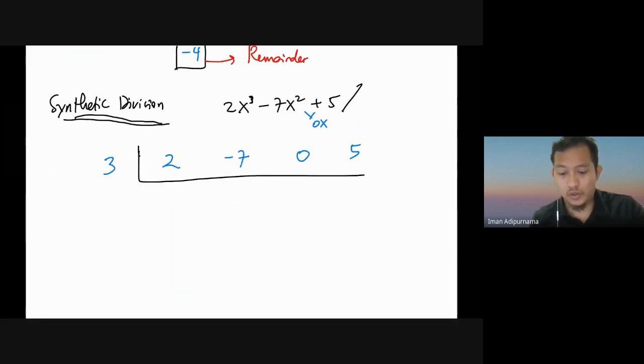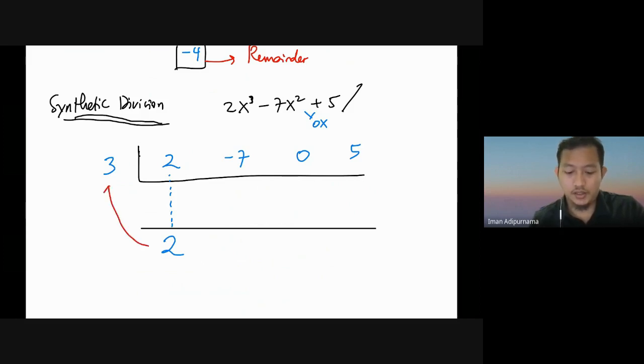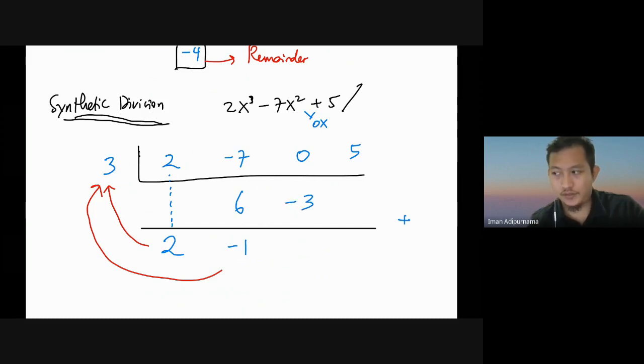And then what you can do is first look at the first coefficient, 2, going down here, make it 2 like that. And then multiply 3 and 2, becomes 6. Write 6 here, okay? And then this becomes -1, right? We add this, it becomes -1. Multiply with 3, and this will be -3, and this is -3.